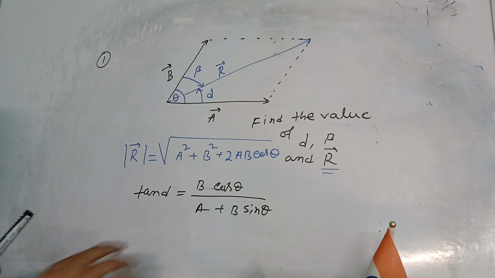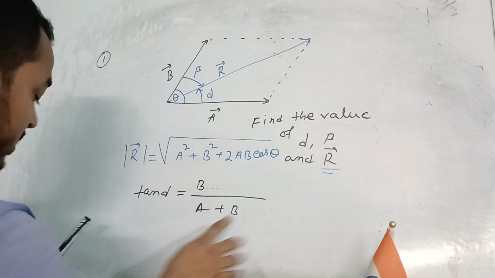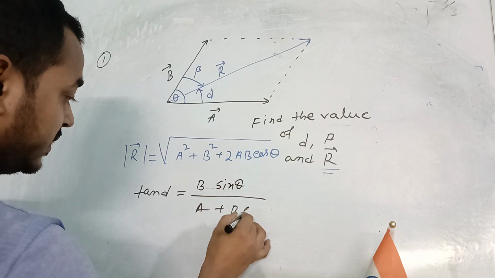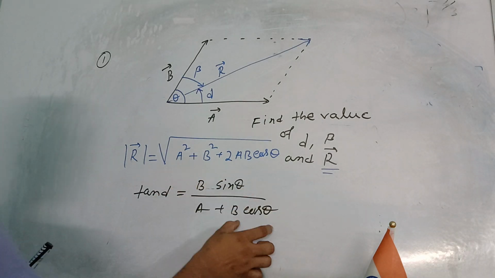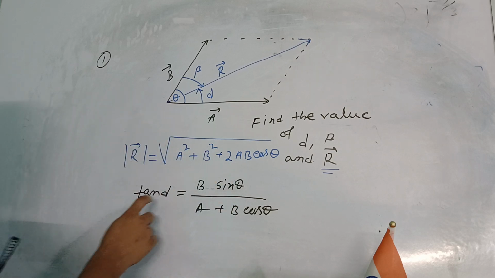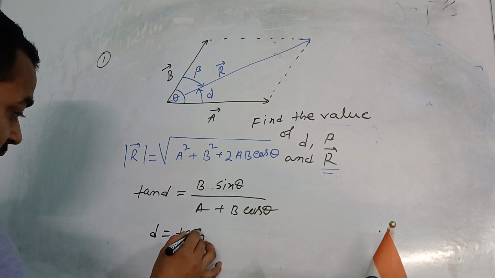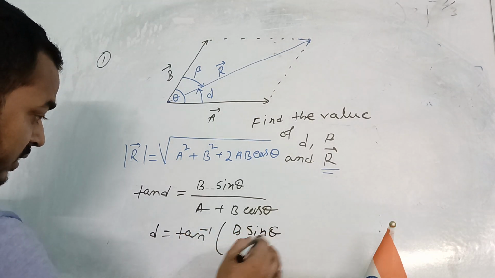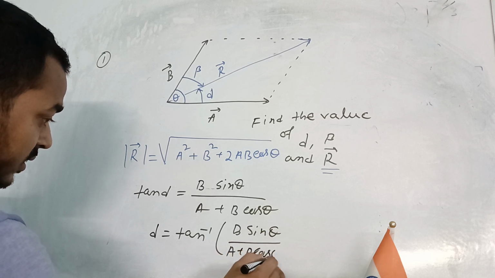Sorry, actually it is b sin theta divided by a plus b cos theta. So this is sin and this is cos. So what is the value of d? d is equal to tan inverse of b sin theta divided by a plus b cos theta.